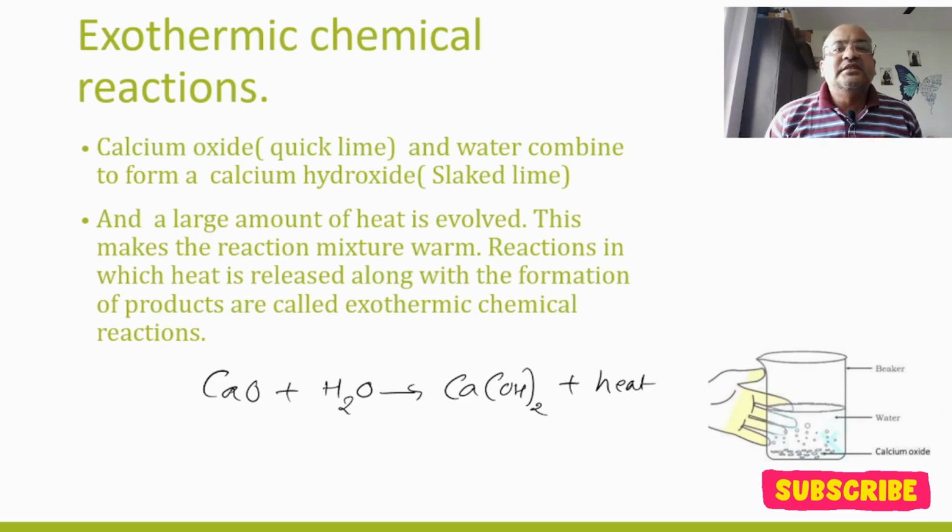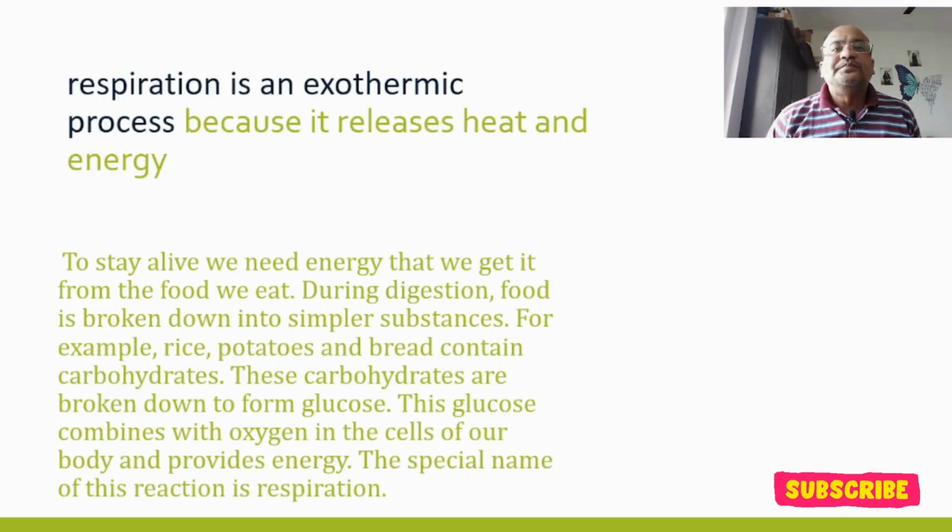It indicates that a large amount of heat is evolved, and that makes the apparatus warm. The reaction in which heat is released along with the formation of the product is called an exothermic reaction. So this is the definition for exothermic reaction, where heat is being released.